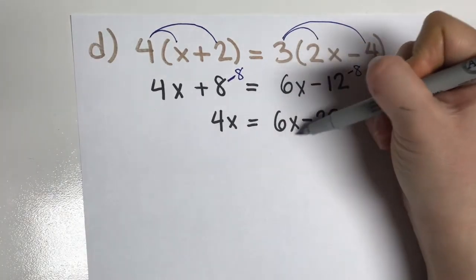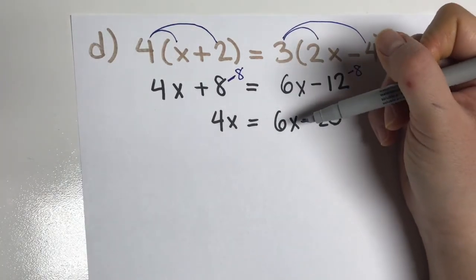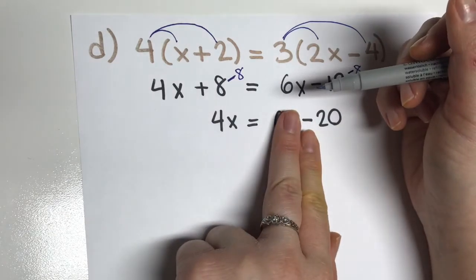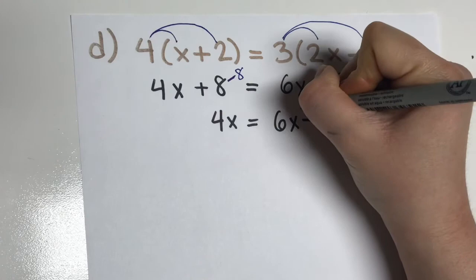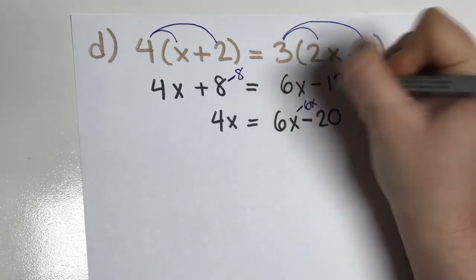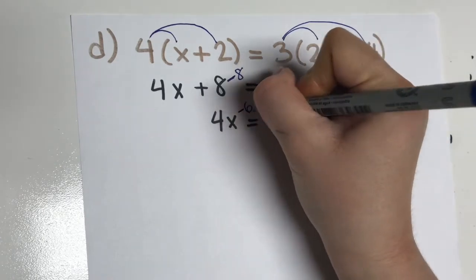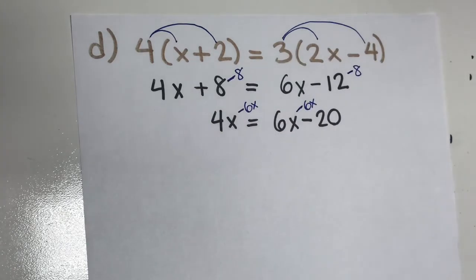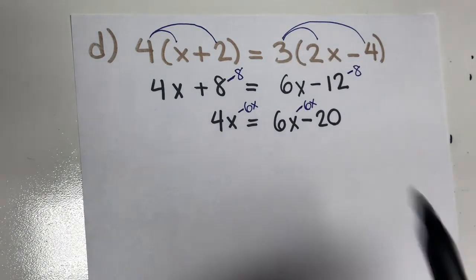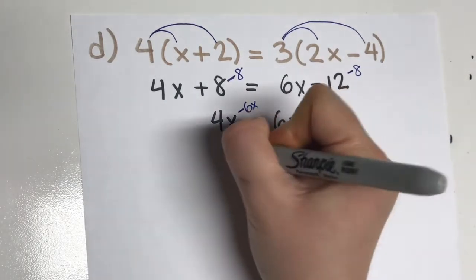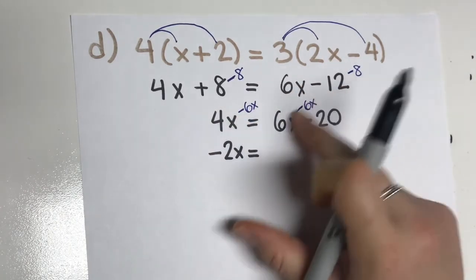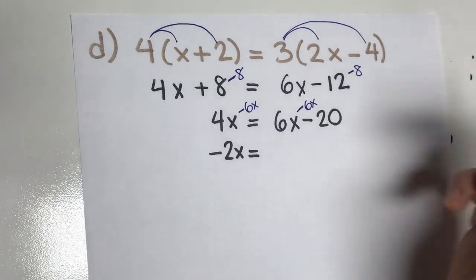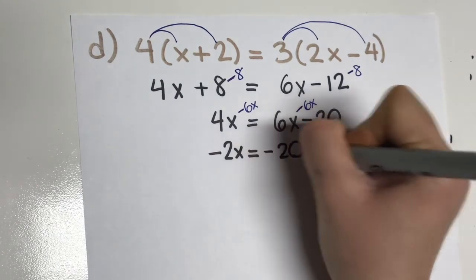Now I want this 6x to disappear because I only want the x's to be on the left side. So I'm going to subtract 6x. And whatever you do to one side, you have to do to the other. So 4x minus 6x gives me negative 2x is equal to the 6x cancels out, and I'm left with negative 20.